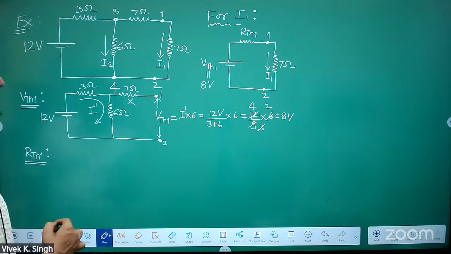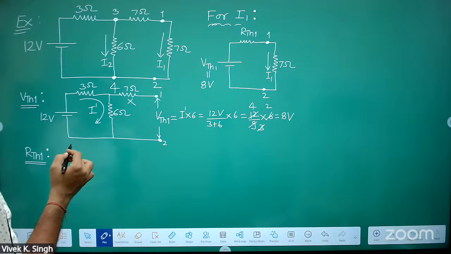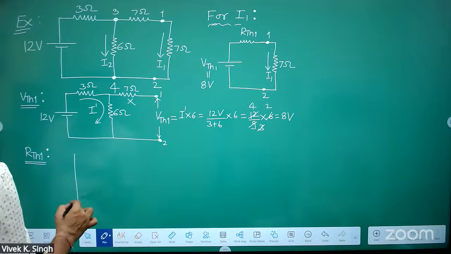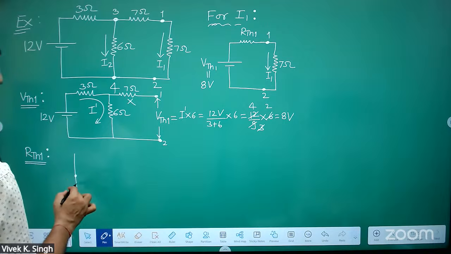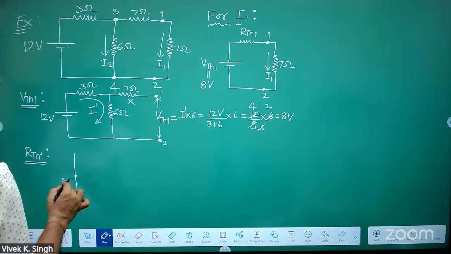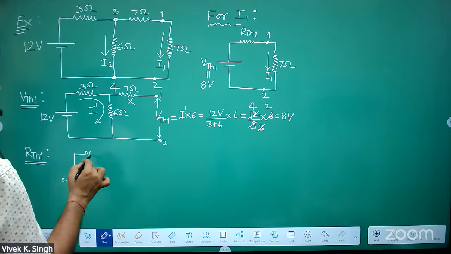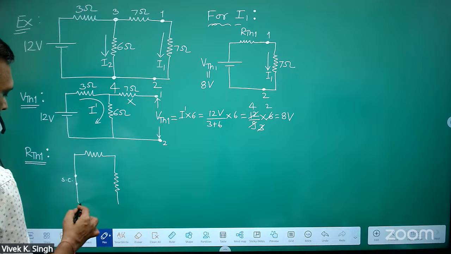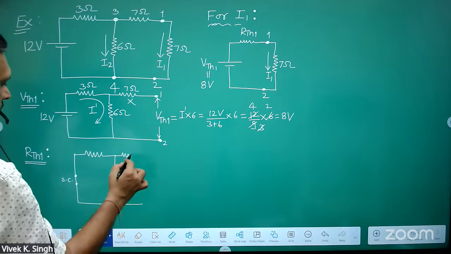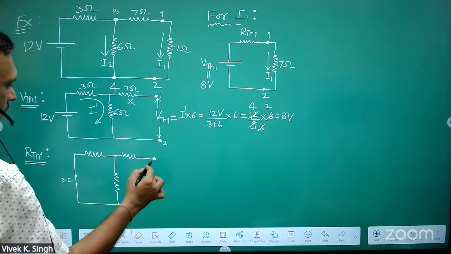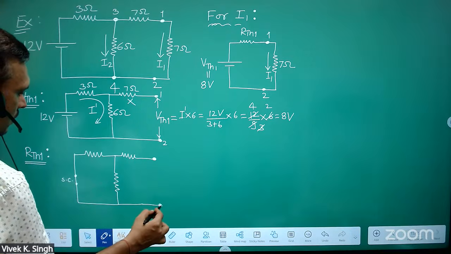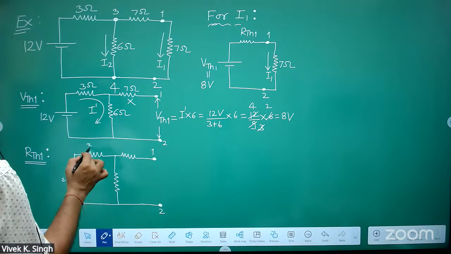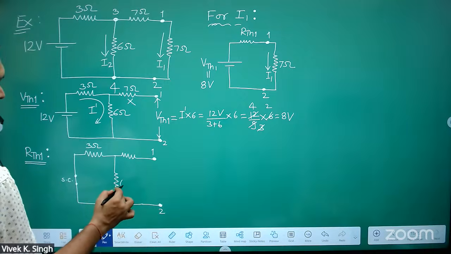And what is RTH1? This is the equivalent resistance when independent sources are turned off. So this is short circuited. This is 1 and 2. This will be 3 ohm. This is 6 ohm.